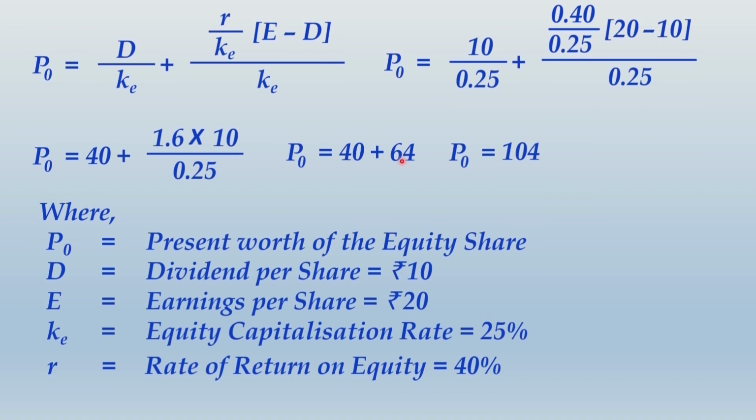So 40 plus 64, the overall value of share will be 104. So this is how the logic that we have discussed relates to this formula. This formula actually is the outcome of that logic. So I hope you are clear with this whole thing. If yes, then we can go ahead and deal with the later part of the question.